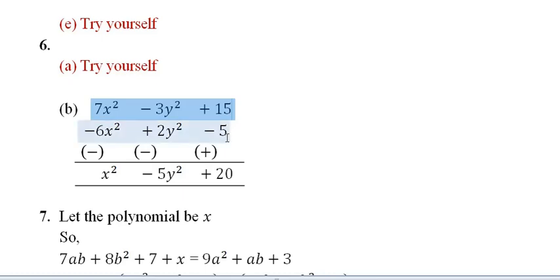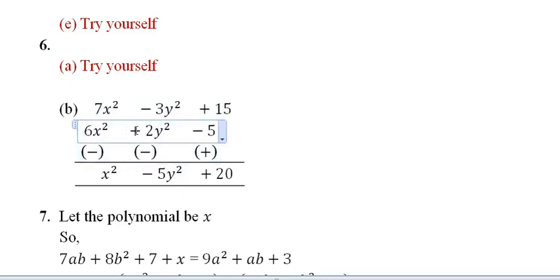Okay, so the sign of the 6x square is not given, so it will be assumed to be plus. So let us write plus only.